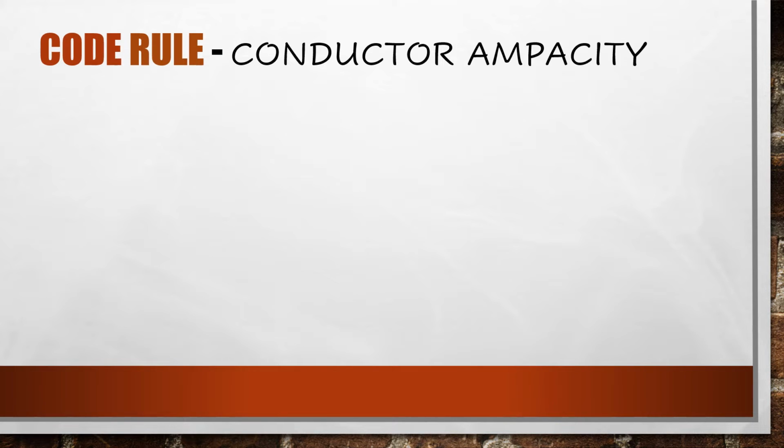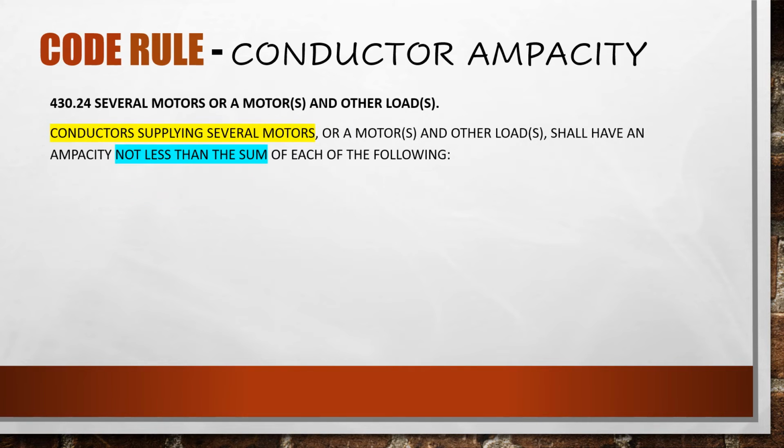Now let us go to the code rule for conductor ampacity. The National Electrical Code says that the conductor ampacity for several motors, or motors and other loads, shall be not less than the sum of the following.